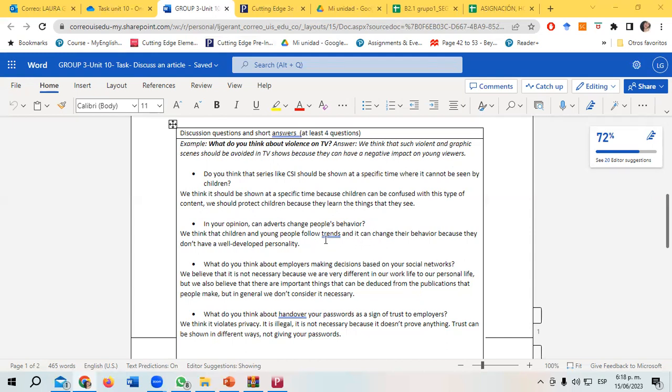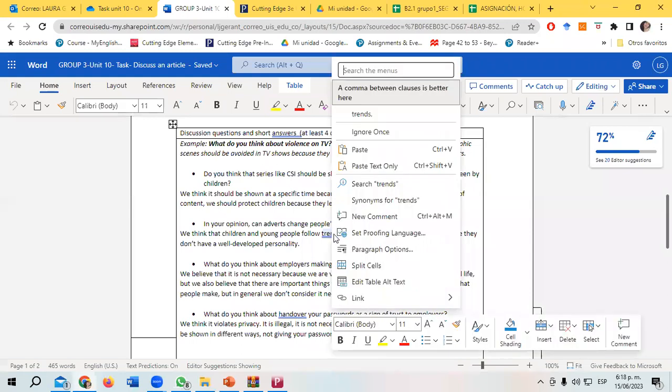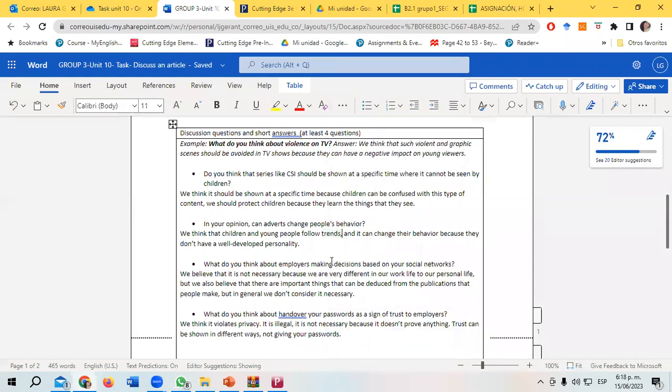The third, what do you think about employers making decisions based on your social networks? We believe that it is not necessary because we are very different in our work life to our personal life. But we also believe that there are important things that can be deduced from the publications that people make.